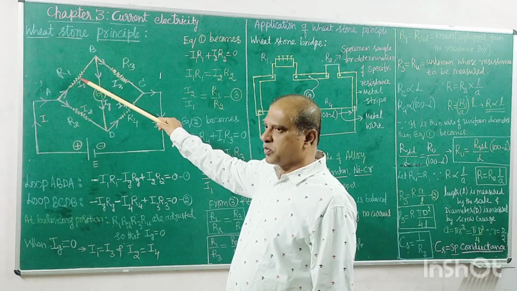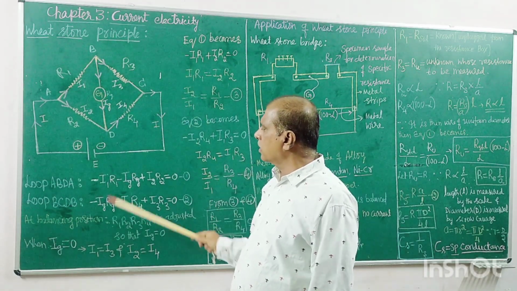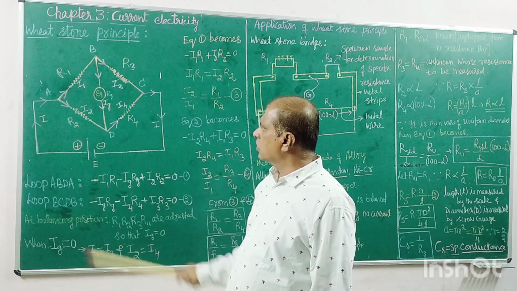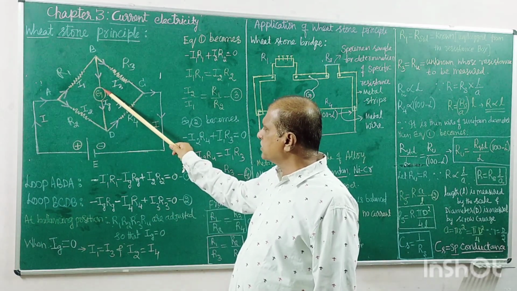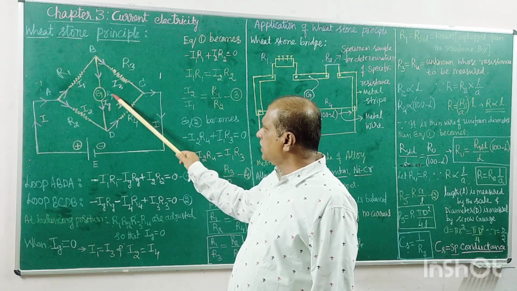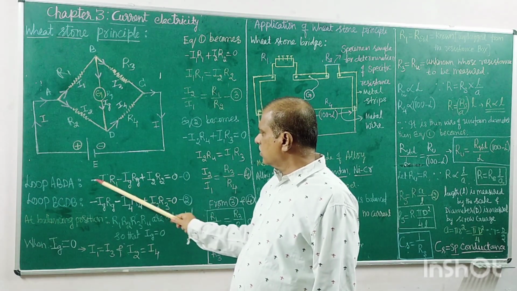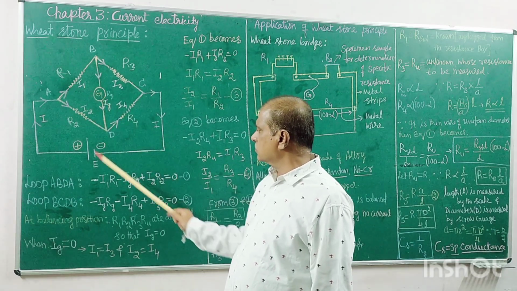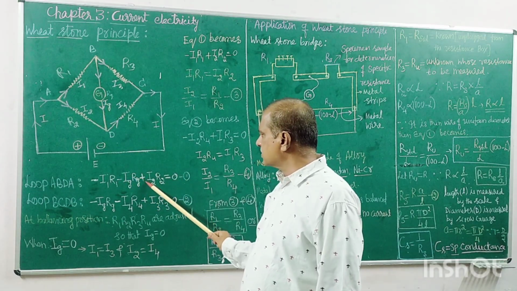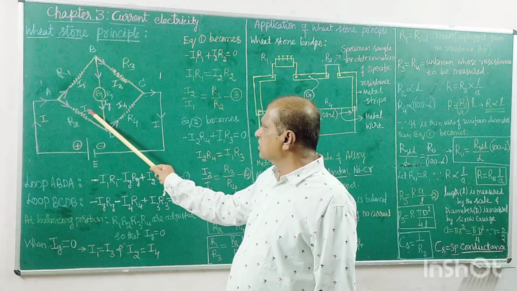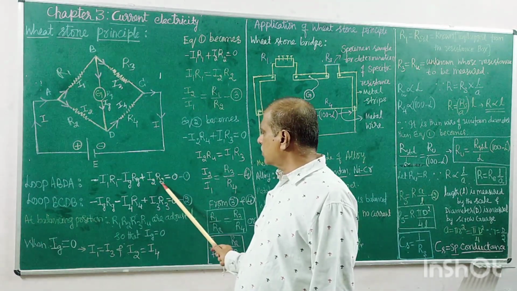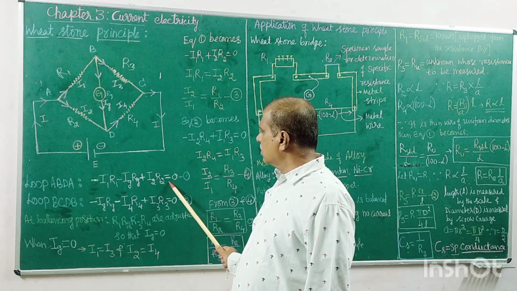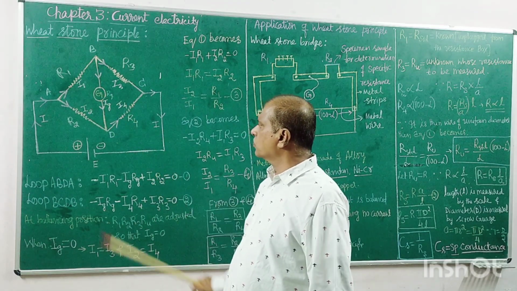So I1 R1, minus IG RG, the same direction as the loop, but for the opposite direction, anti-clockwise, plus the potential change I2 R2. The sum is equal to 0. This is the second law for this loop.